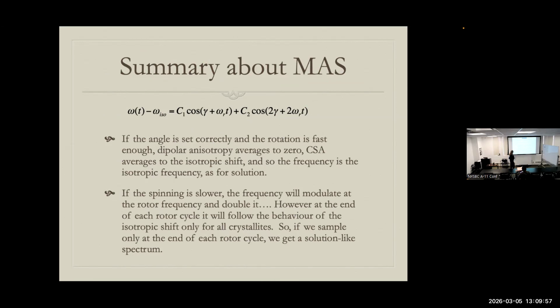And if the spin is slower, the frequency will modulate. Instantaneous frequency is, and at the end of each rotor cycle, it will come back and stop and pass through the original value. So if we sample only at the end of every rotor cycle, there seems to be hope to get a normal spectrum.